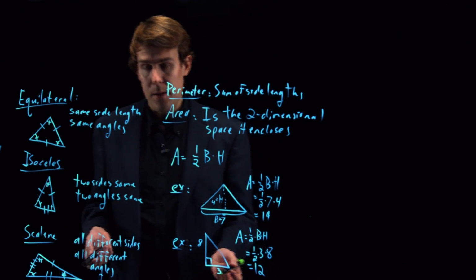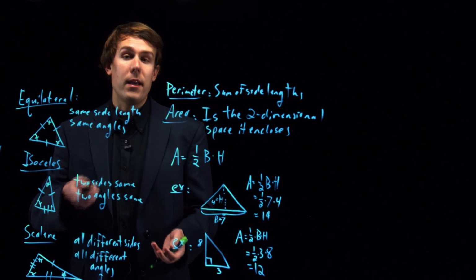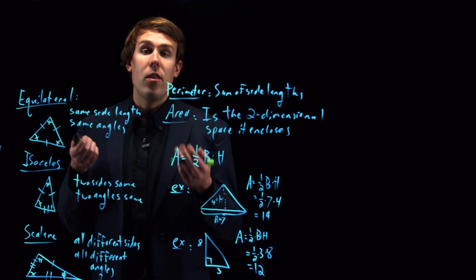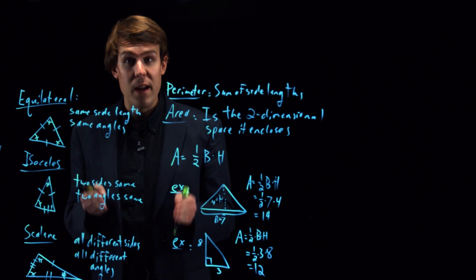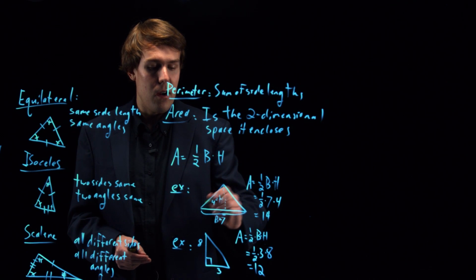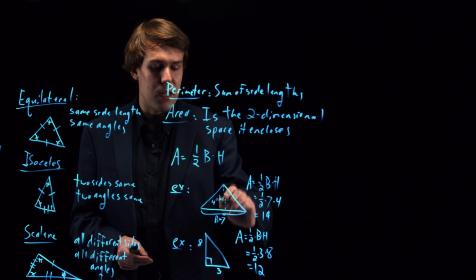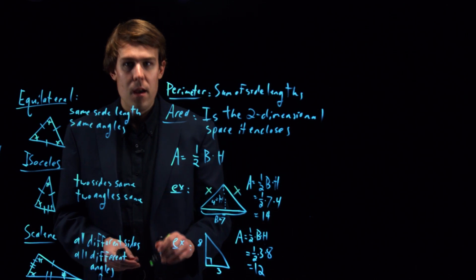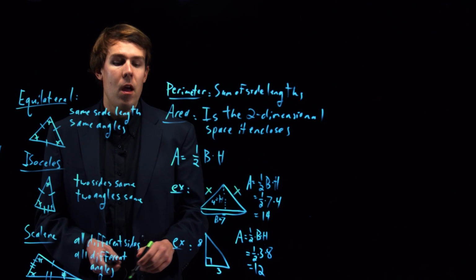Pretty straightforward, I think. The only thing you have to really be careful about is making sure that the height that you find is actually the height of the triangle. Keep in mind that the height here was this vertical distance. It was not equal to one of the sides. It was a separate quantity.